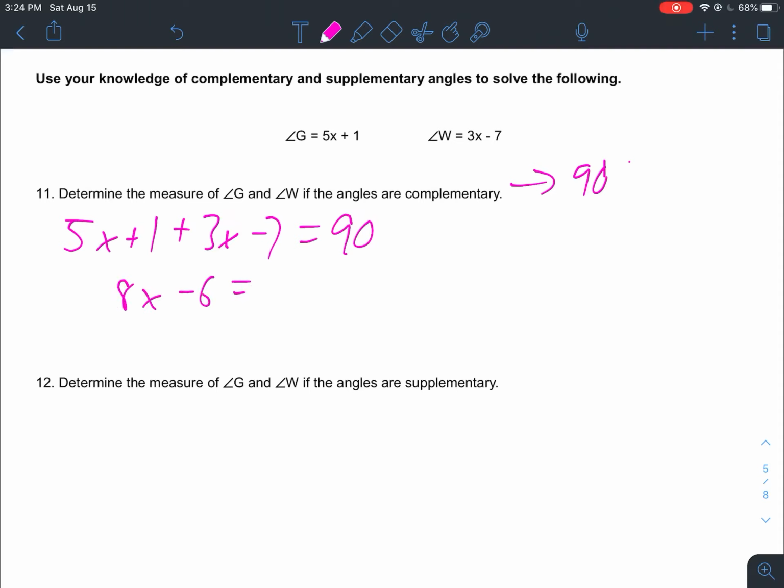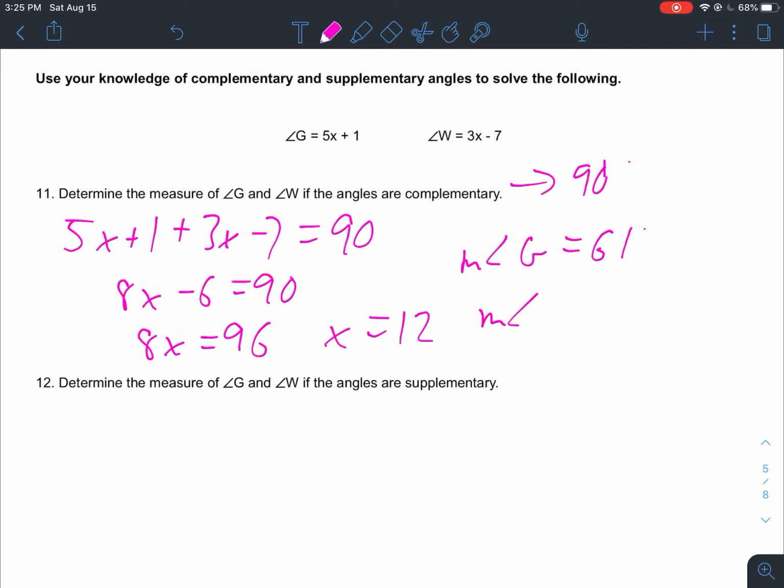Combine like terms. Add 6 and divide by 8. And the question says to determine the measures of the angles, so make sure you take your 12, substitute it back in for x, and we get the measure of angle G is 61. The measure of angle W is 29.